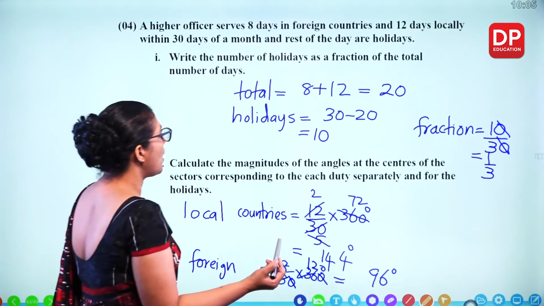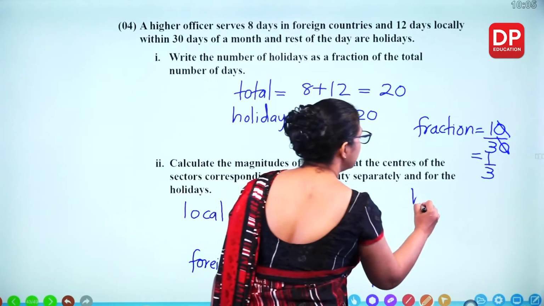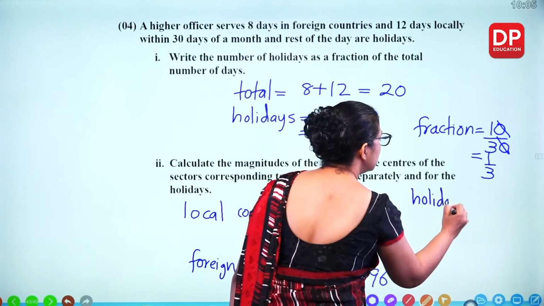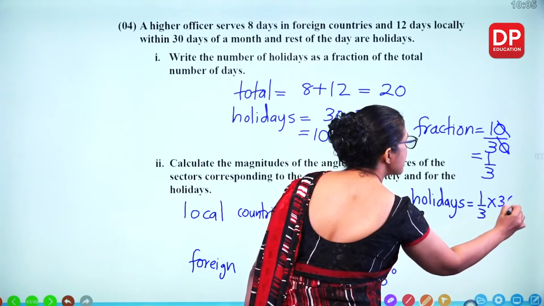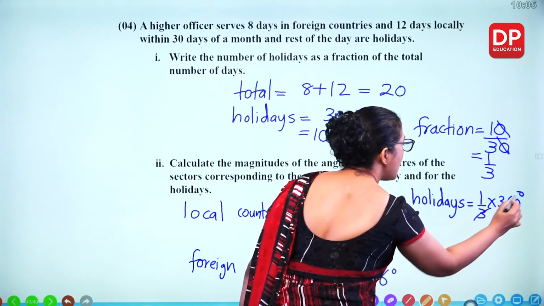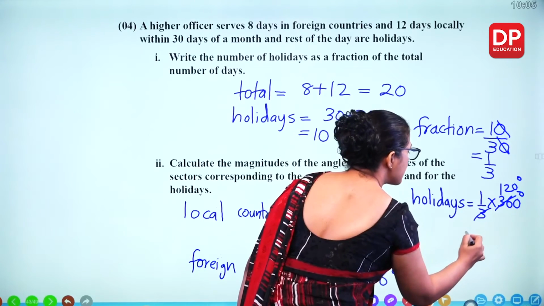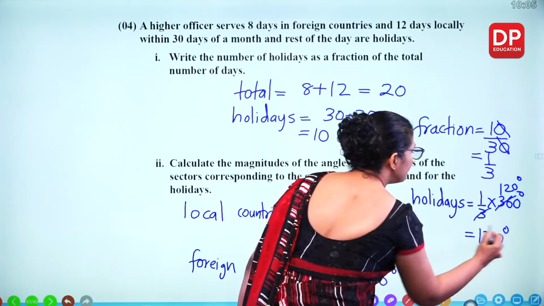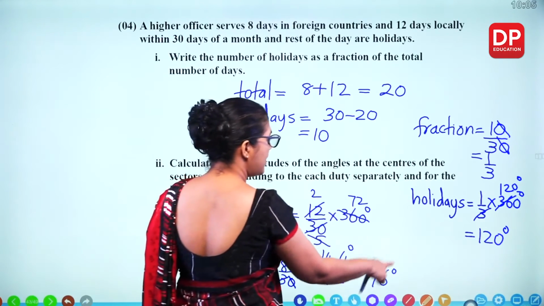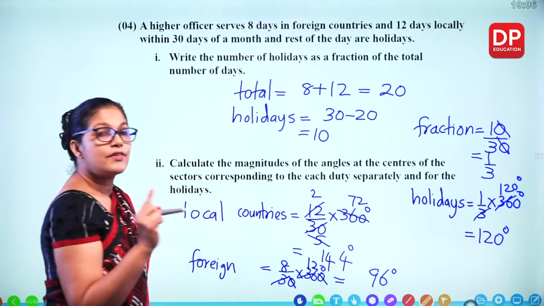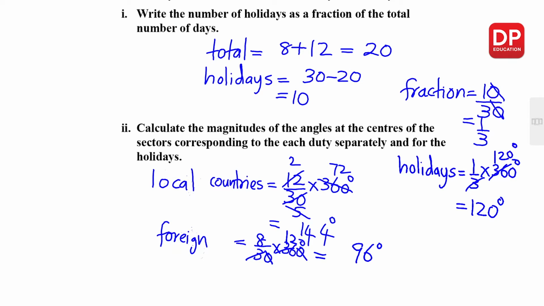And for the other one, that's for holidays, 1/3 into 360, that's 120 degrees. So, those are the 3 angles. When you add them, you are getting 360 degrees.